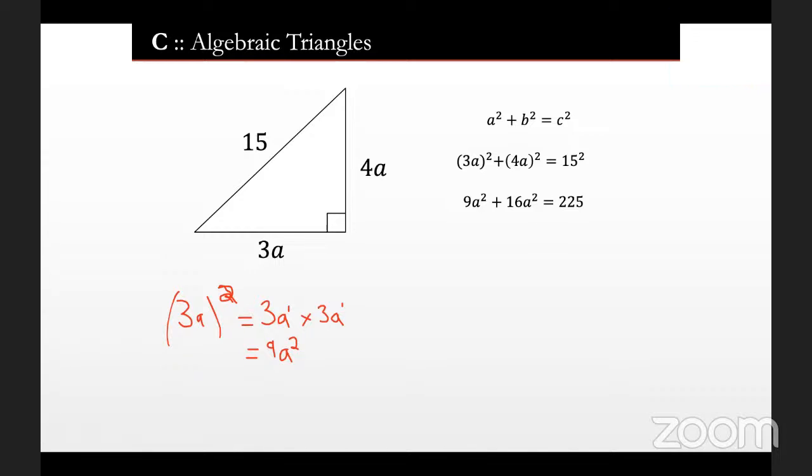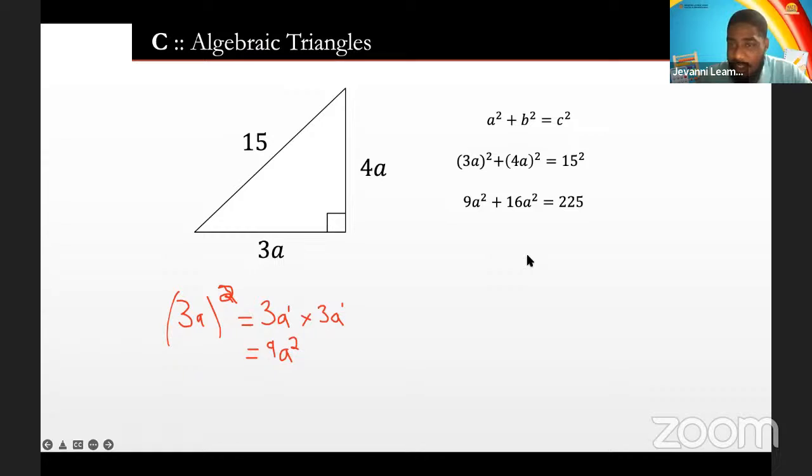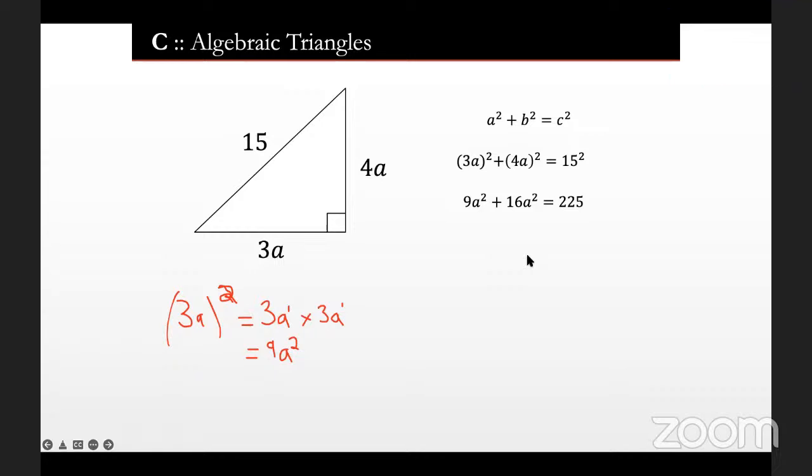Who was that again? Was it Tashel? Tashel, when sir was showing us down here with the 3a multiplied by 3a, did he multiply or add? He multiplied, he didn't add.